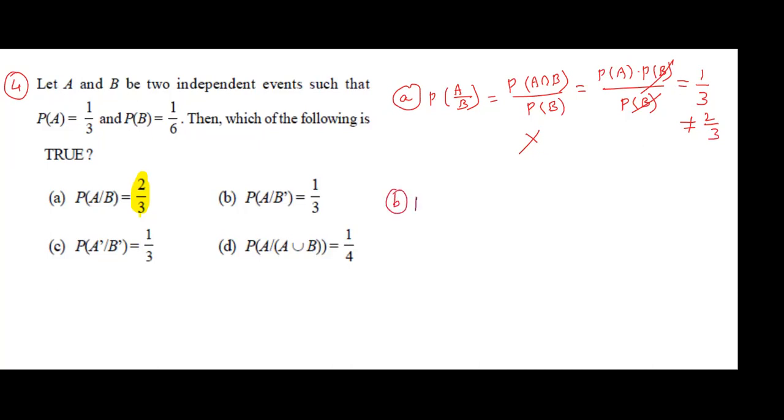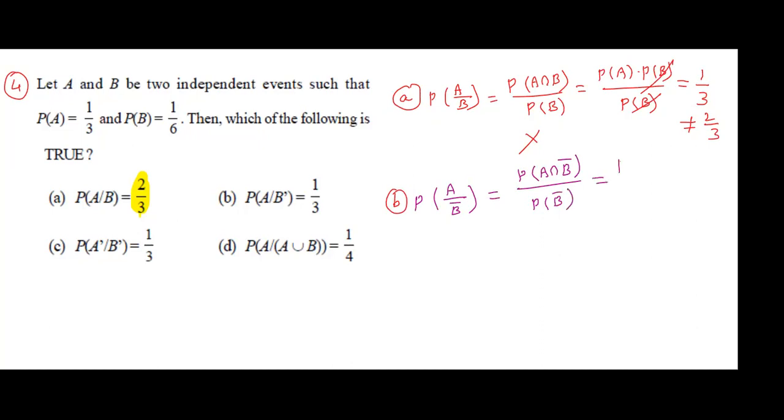Verify the B option, the second option: P of A given B complement. By using conditional probability, apply that: P of A intersection B complement by P of B complement.